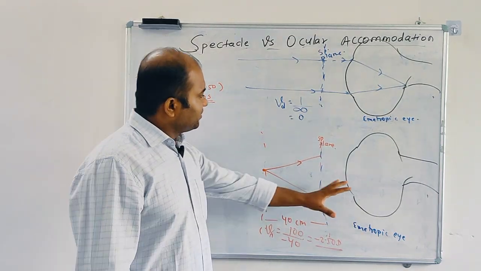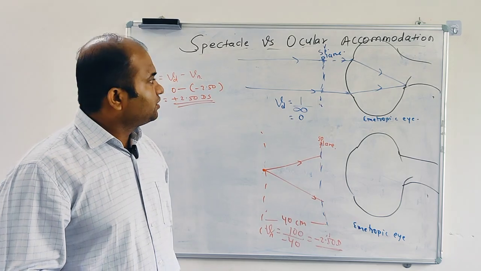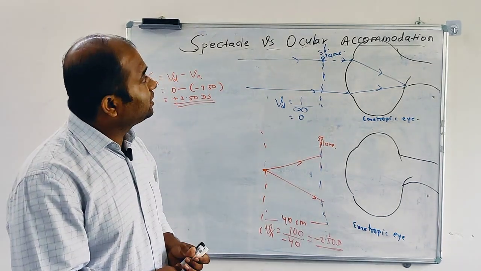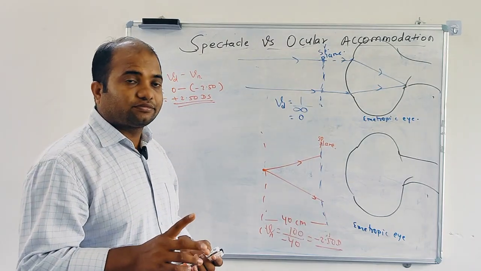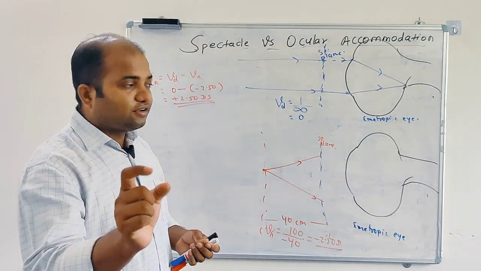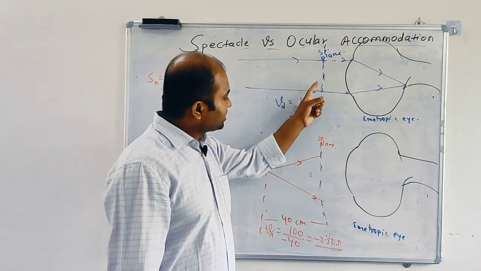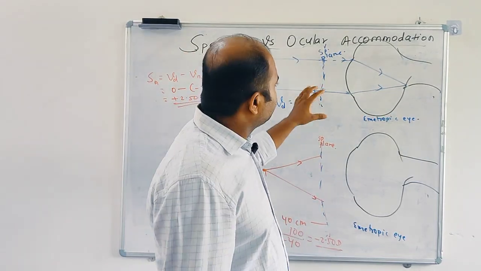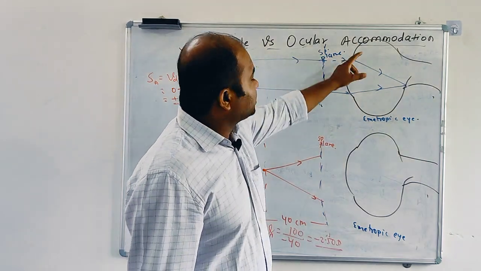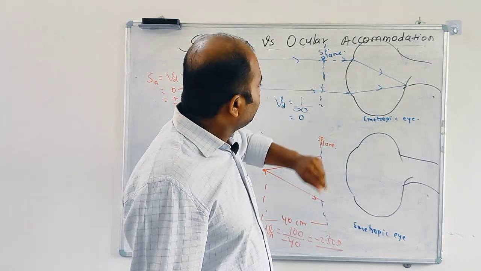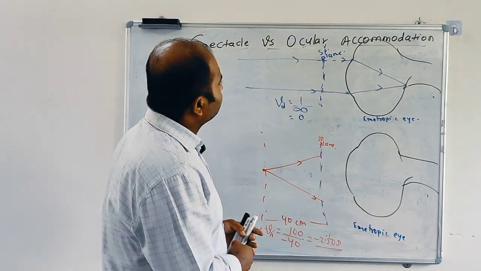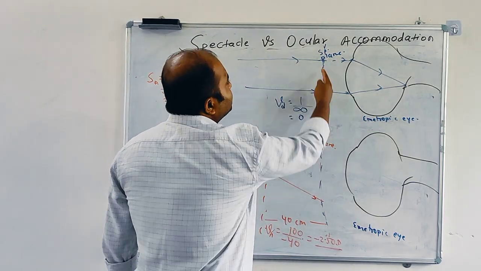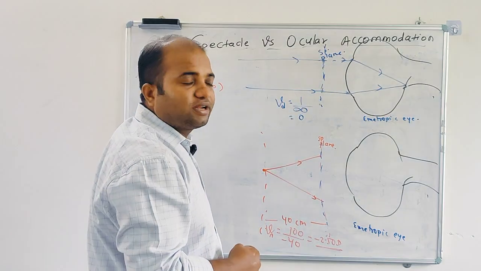Let me continue the same lecture on ocular accommodation. So in ocular accommodation in emmetrope, just give the heading: we have completed spectacle accommodation in emmetrope, but give a new heading, ocular accommodation in emmetrope, right? In ocular accommodation for emmetrope, as there is no glass, it is the imaginary plane of a spectacle.